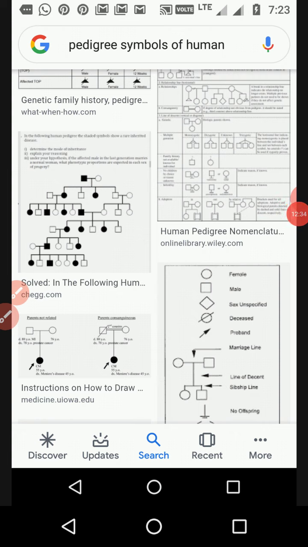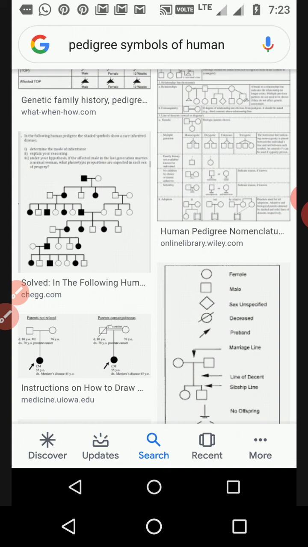So here you can see the pedigree chart as well as symbols. Clear? On your left hand side you can see a ready-made pedigree chart and a solved question about human beings. This type of chart you can get in your question paper, in your exams, and related questions will be there, and you have to solve all these questions related to the pedigree chart.